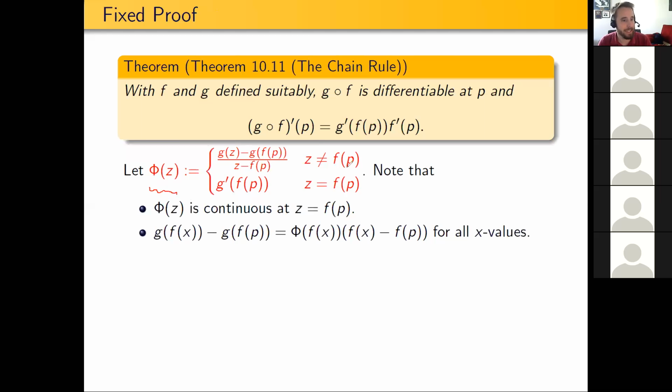Phi of z is defined using a difference quotient, g of z minus g of f of p over z minus f of p, in the cases where z does not equal f of p. So for most of our z values, phi of z is defined like this. However, if z does equal f of p, then I define this explicitly as g prime of f of p.